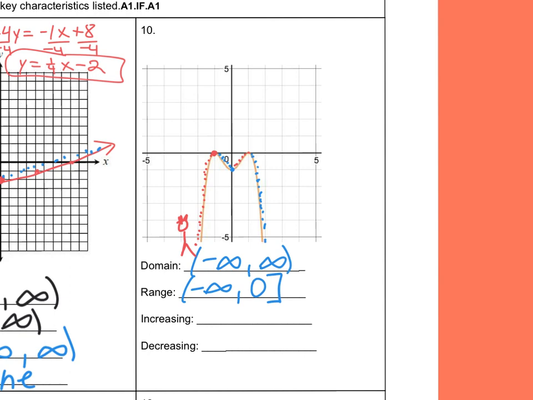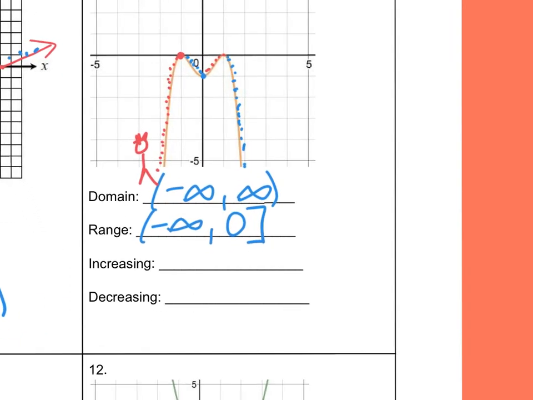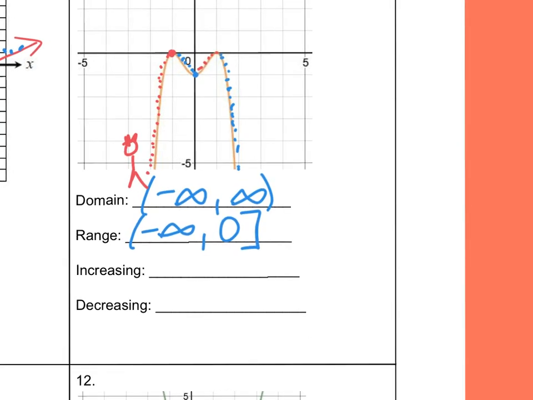So he's got 4 different intervals there. Do we all see that? The red, where I marked the red, that's where he's increasing. So from negative infinity to where on my x-axis? -1. And also he was increasing from 0 to +1.